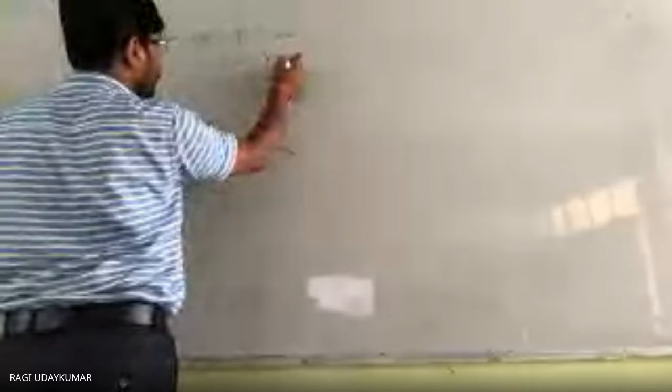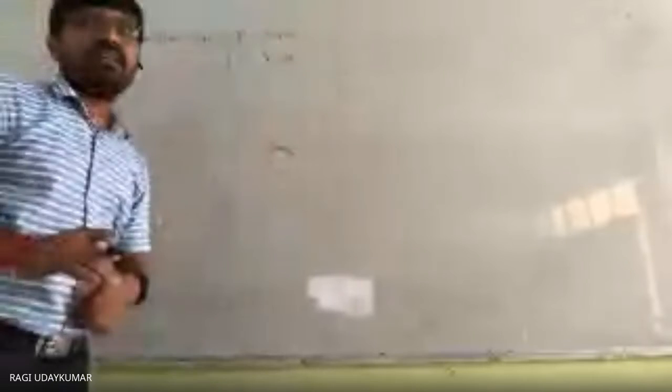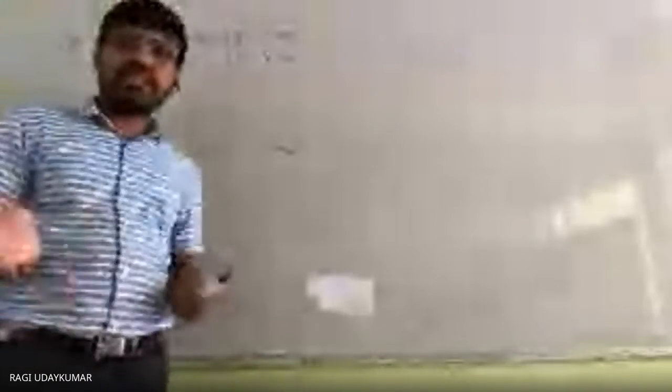Like this, the function is given. That is nothing but f of x is equal to mod x by x. If you rewrite this function, because there will be different situations, you can rewrite this function in another way also. Mod x value will be different.